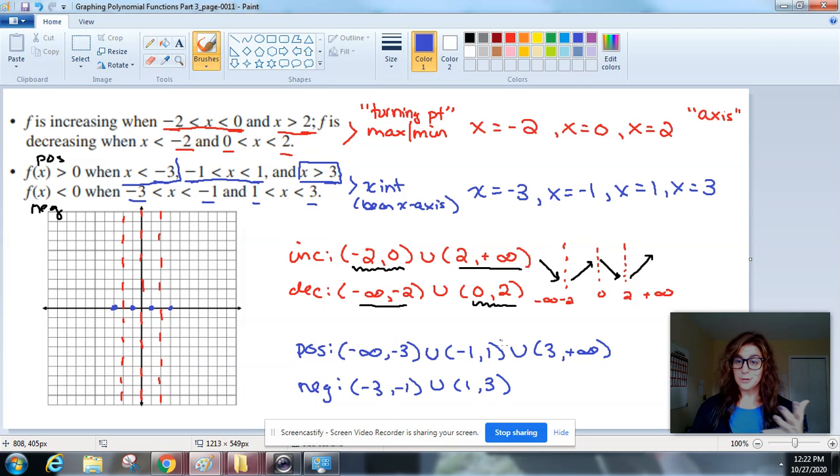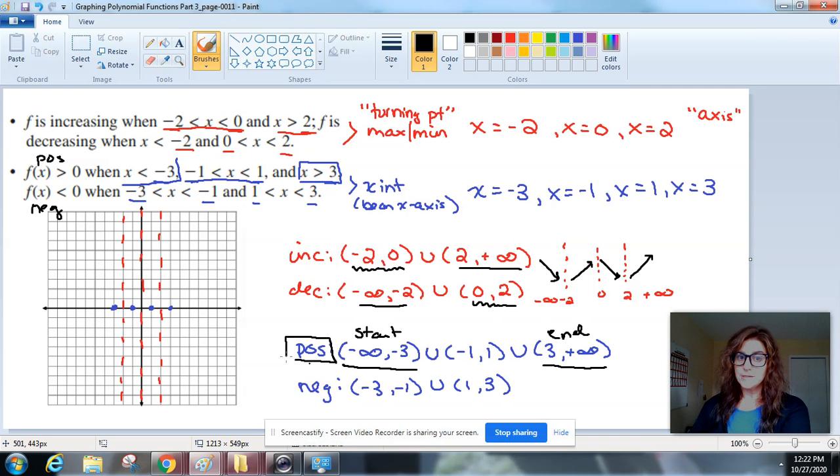So when we look at our positives and negatives, we want to know, where do we start, where do we end? That's really what's important here. Kind of gives us those end behaviors. So you start on your leftmost side. You always start at negative infinity. That's your leftmost side. And you end at positive infinity. So both of those are actually on the positive side.